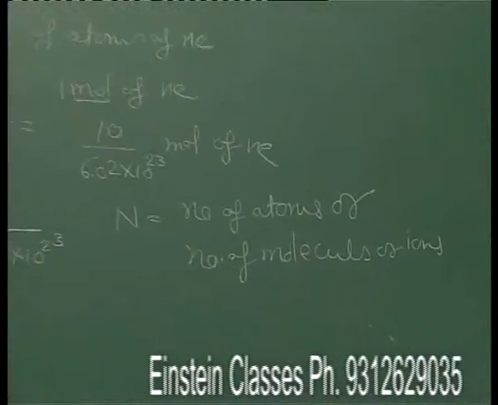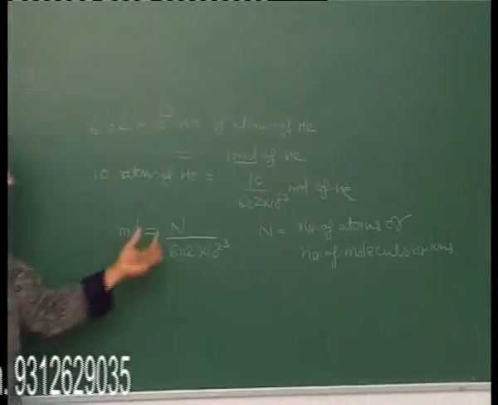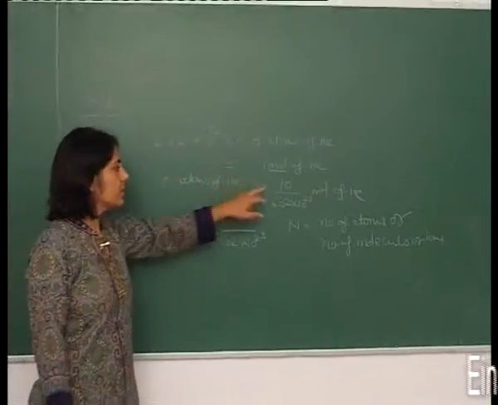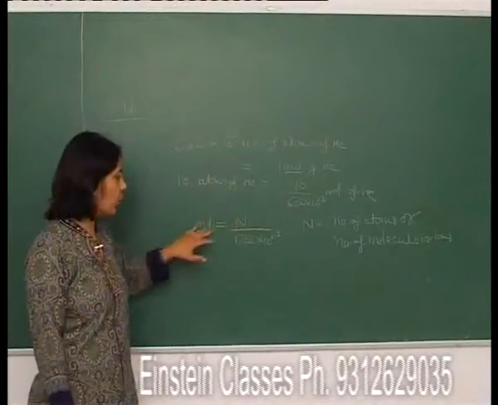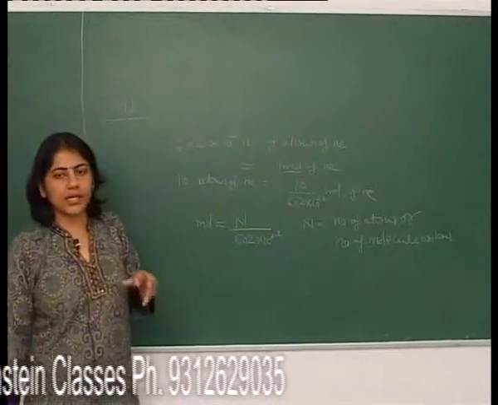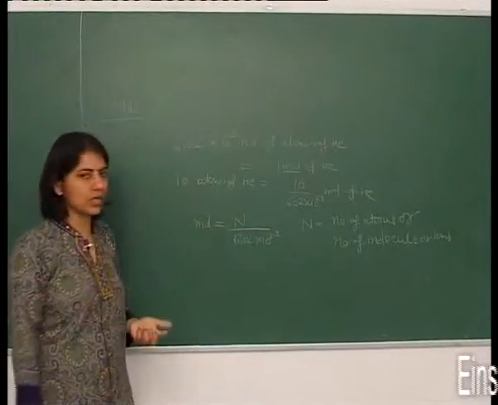If we are taking atoms in a container, then N would be the number of atoms. Like here, if in a container there are 10 atoms of helium, then this would be the moles of helium.